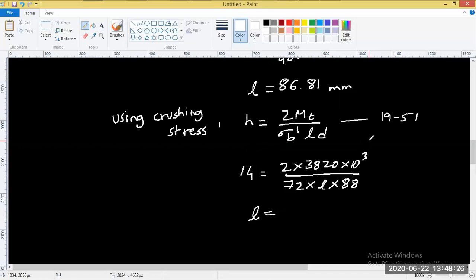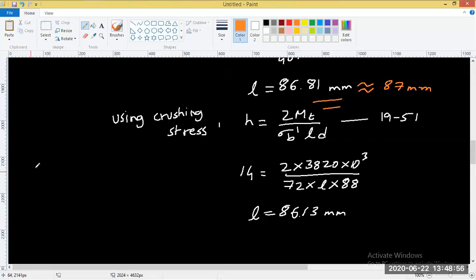We got L as, yeah, you're right. So it's 86.13 mm. Okay, so small difference. We have this as a winner using the shear stress. We can just approximate this to 87 mm.